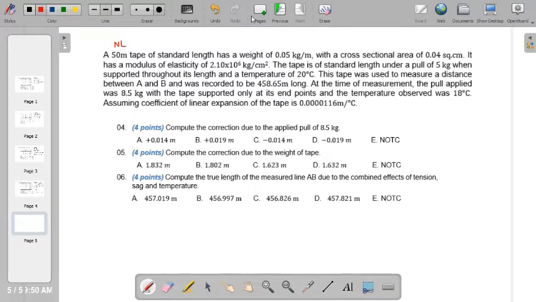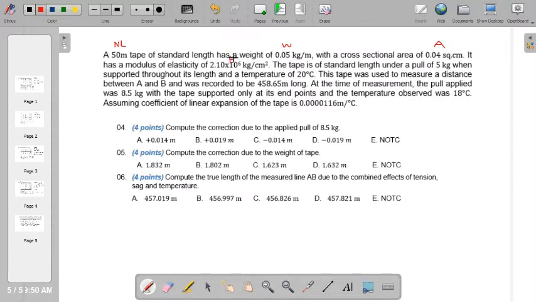So therefore this is W, small w, with a cross-sectional area of 0.04. So this is our big A, or area, cross-sectional area. It has a modulus of elasticity of 2.10 times 10 raised to 6 kilogram per centimeter squared. So this will be your E.